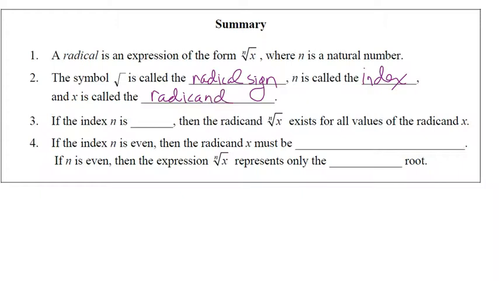If the index n is odd, then the radicand, the nth root of x, exists for all values of the radicand x. Right? Because we can take odd roots of positive numbers and odd roots of negative numbers. If the index n is even, then the radicand x must be positive.